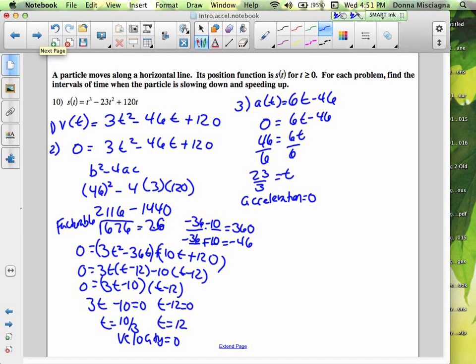Okay. All right, so we have 10 thirds and 23 thirds. So 10 thirds is less than 23 thirds, and then we have 12. So we need to choose some values in between those and on either side of those. So I'm going to plug in 1 here, and between 10 thirds and 23 thirds, I'll plug in 5.